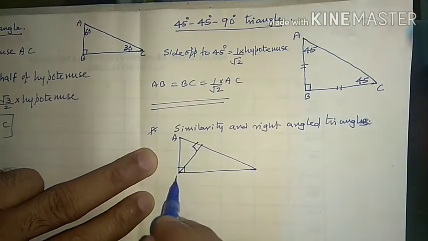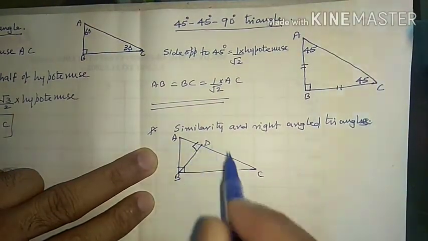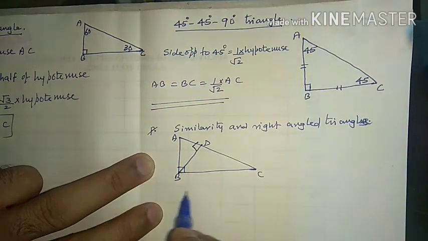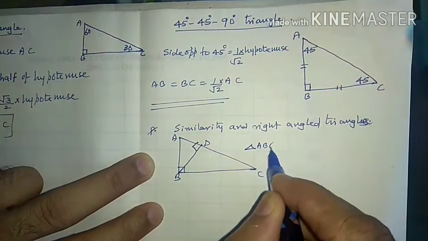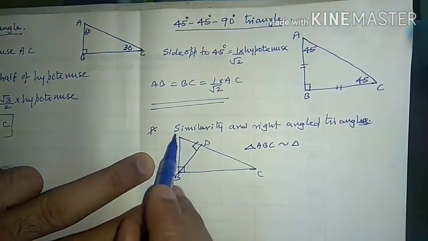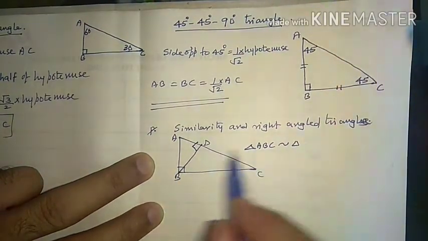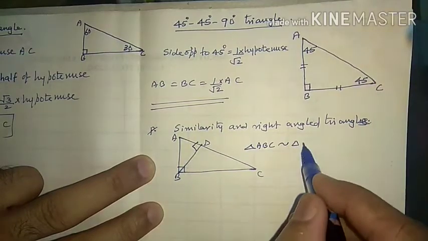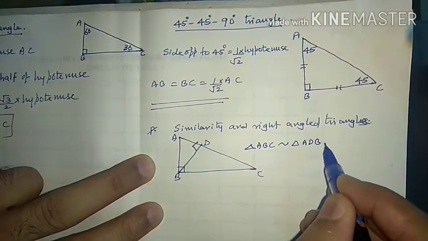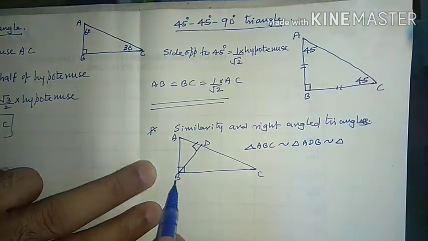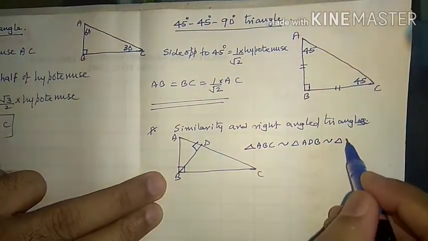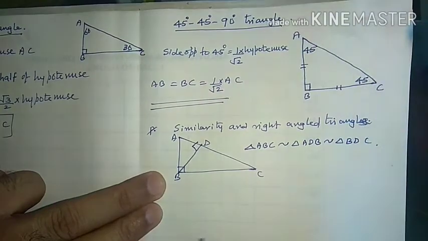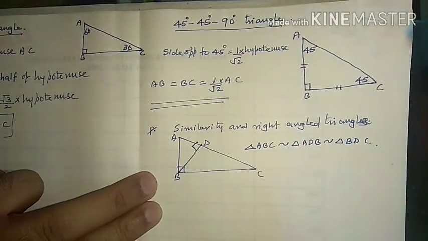Then we gave the names A, B, C, and D. There we proved that the big triangle ABC is similar to triangle ADB, and that is similar to triangle BDC. That is the first point you have to understand, proved today.